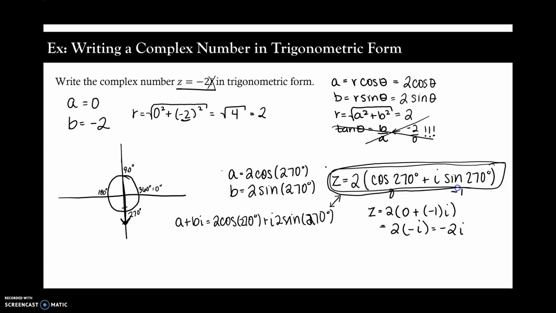So note these are the same thing. Please don't write it like this. They'll want you to take out that 2 and write it like this so that it is in the other form. But notice you'll get the same answer either way.